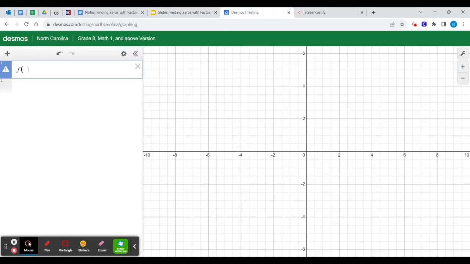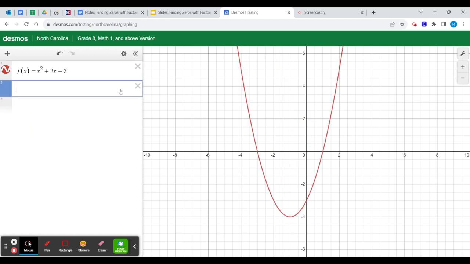Plug in these two equations: f of x is x squared plus 2x minus 3, and f of x is equal to x plus 3, x minus 1. You can see that the graphs are exactly the same. If I toggle them on and off, red and blue match each other.